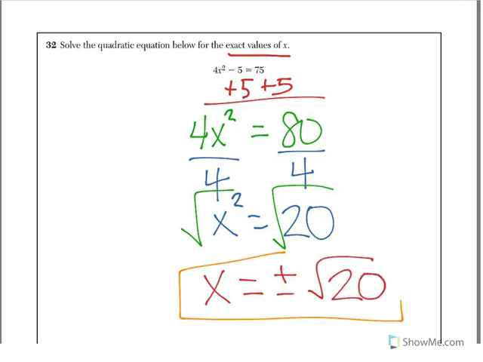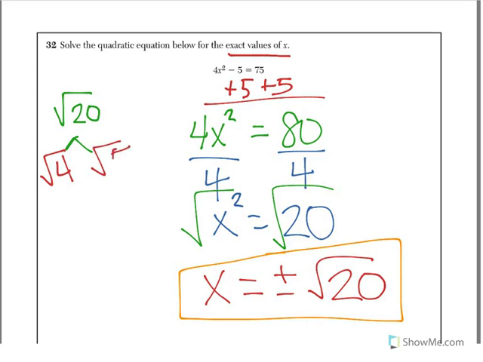Now this is an exact answer. It doesn't say that I have to keep it in simplest radical form. I could, but I don't have to. If you're familiar with simplest radical form, you would figure out what perfect square goes into 20, and that would be 4, and 4 times 5 is 20.